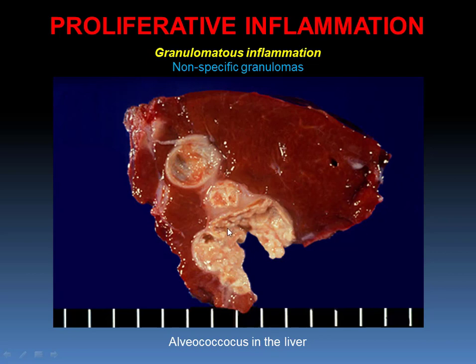Microscopically, we can see that the alveococcal cyst is surrounded by a chitin membrane and a connective tissue capsule. Both of them are eosinophilic, pinkish in color. Also, a necrotic area is present around the capsule, and granulomatous inflammation with an excessive amount of foreign body giant cells, lymphocytes, plasma cells and fibroblasts is found around the parasite.